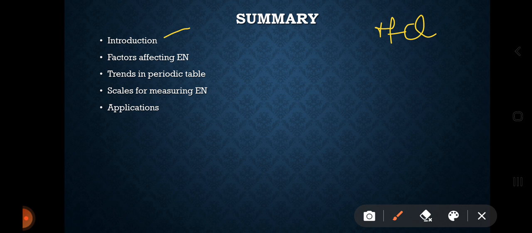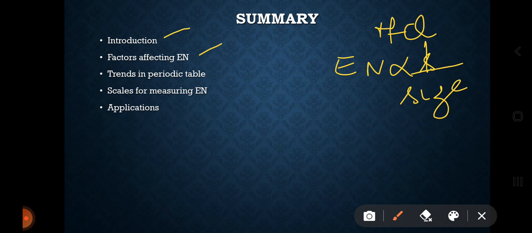Then we have seen factors affecting electronegativity. One is the size, which is inversely proportional to electronegativity. Another factor is nuclear charge, which is directly proportional to electronegativity. This is nothing but the number of protons, that is atomic number.